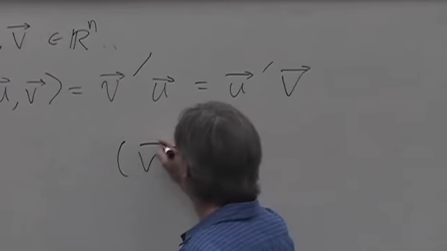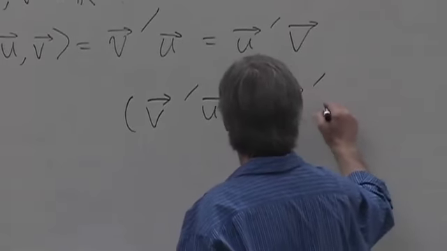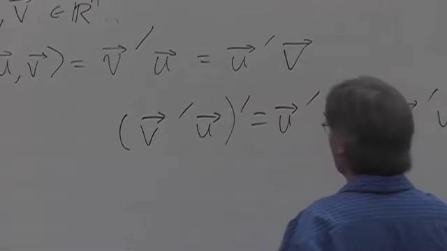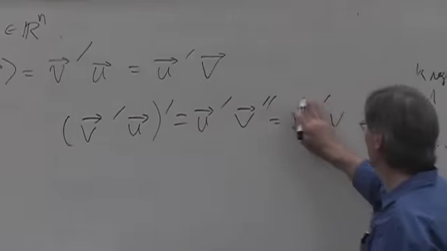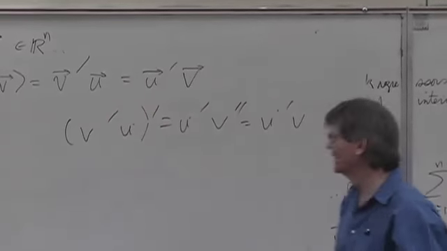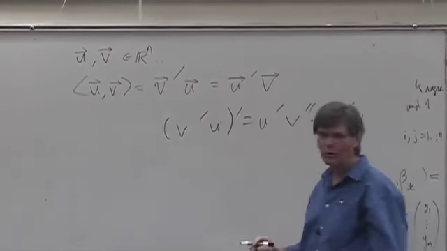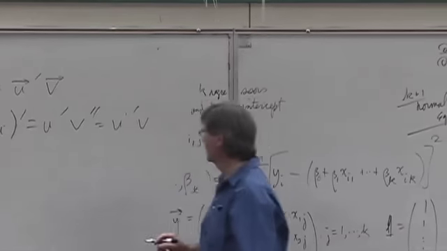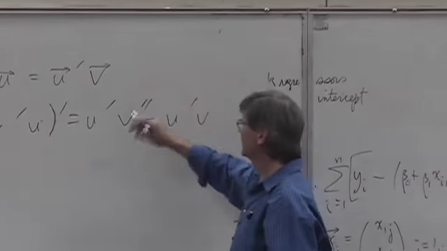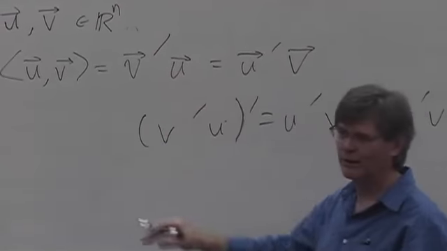The transpose of v prime u is u prime v prime prime, equals u prime v. Okay? I can take those arrows off for the sake of this discussion, I think. Okay? So you get the transpose of a product is a product of transposes in reverse order. Good old algebraic operation. Of course, the second transpose is equal to the original. So something is its own transpose if it's real in this case. So there's a couple ways of writing that, but that's the inner product.